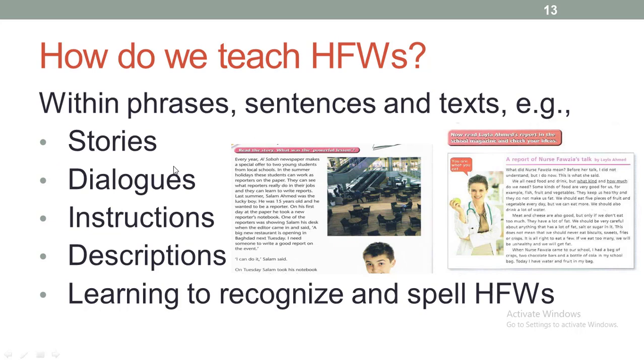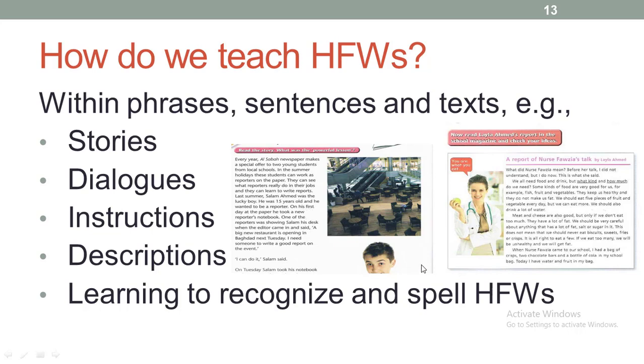Texts, examples, stories, dialogues, instructions, descriptions, learning to recognize and decode high frequency words. As you can see, this is for third intermediate and this is for second intermediate.